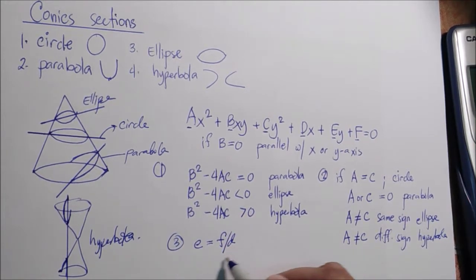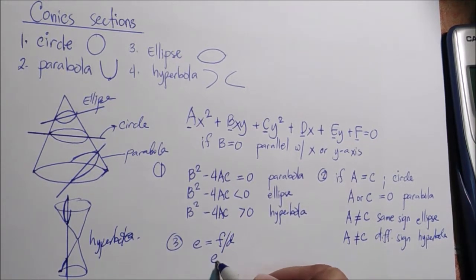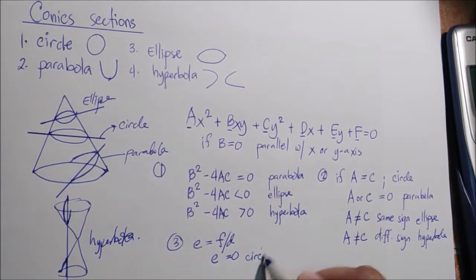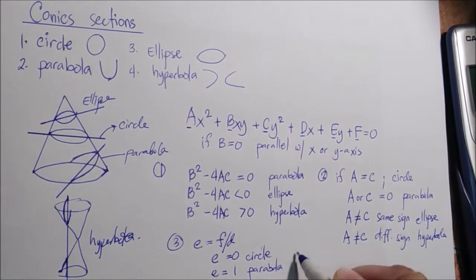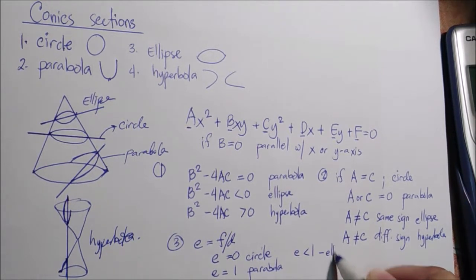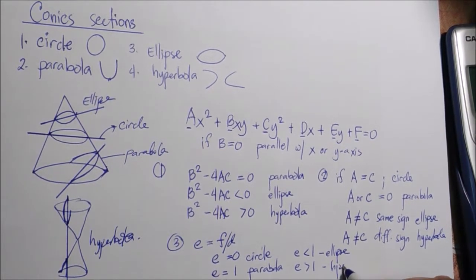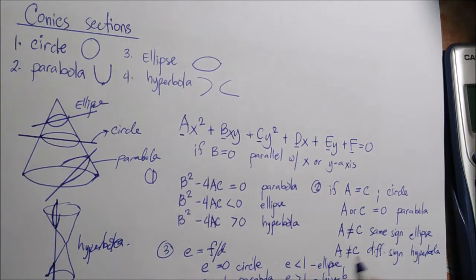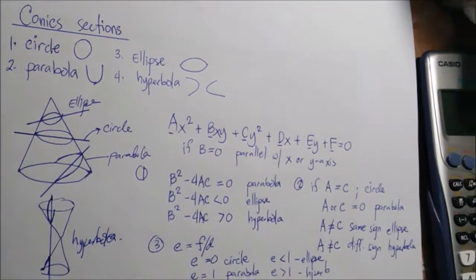If e is equal to 0, then this is a circle. If e equals 1, this is a parabola. If e is less than 1, ellipse, and e greater than 1, hyperbola.